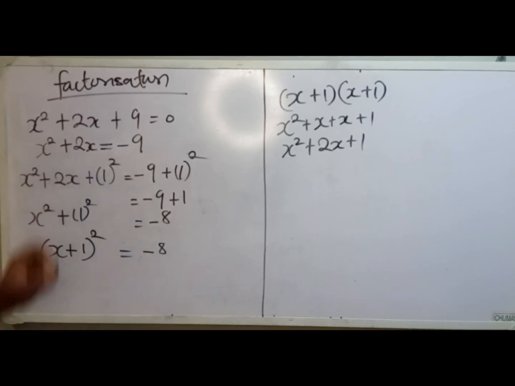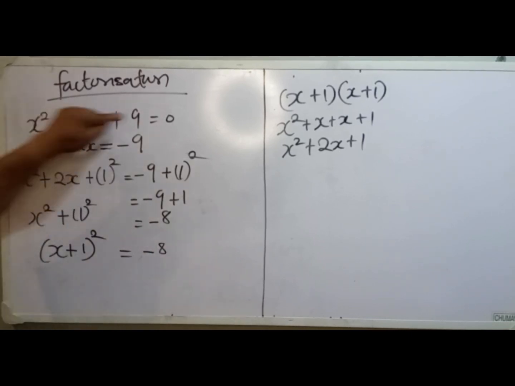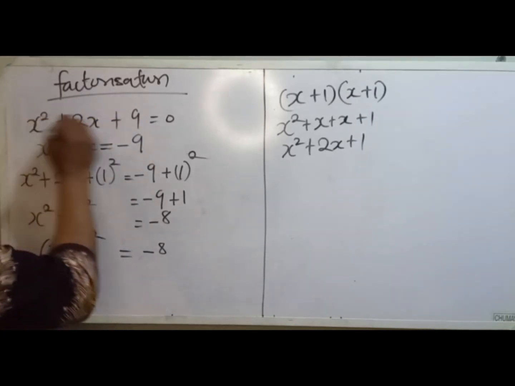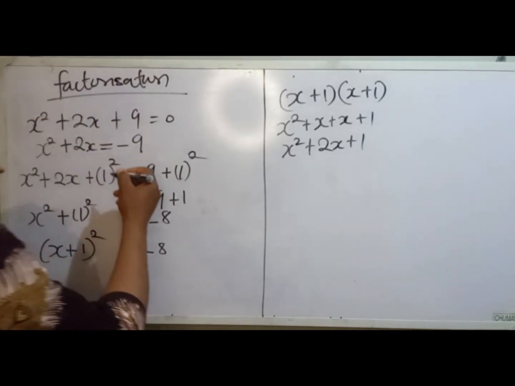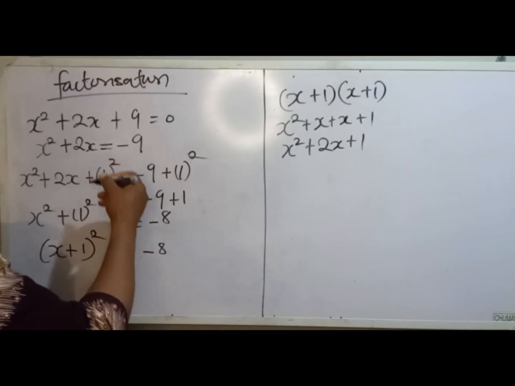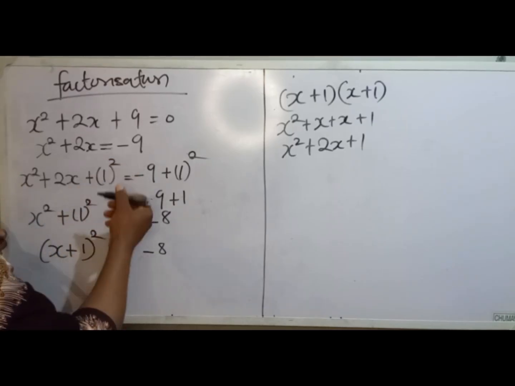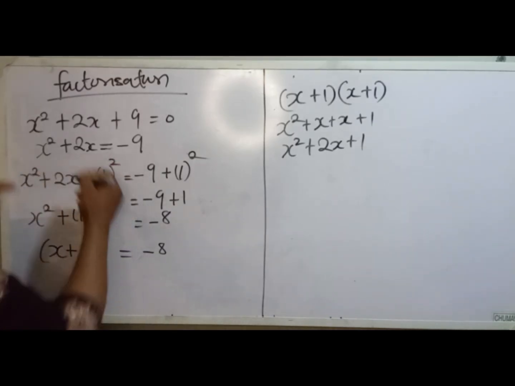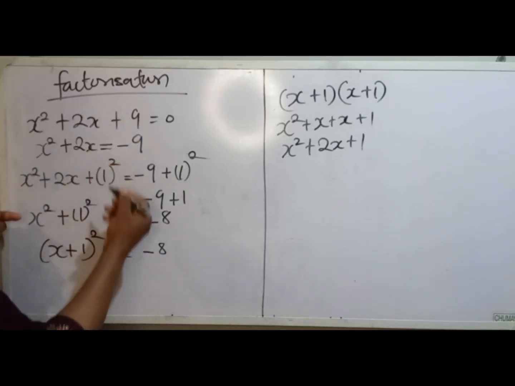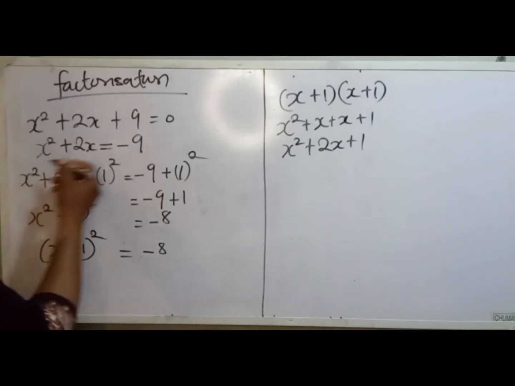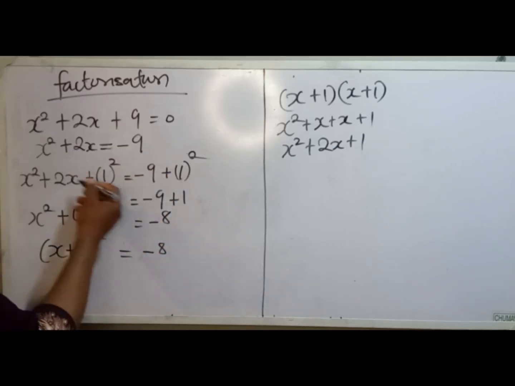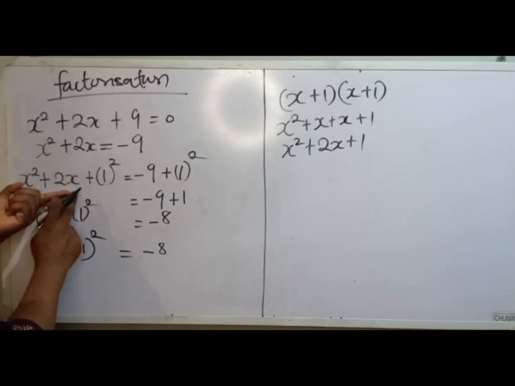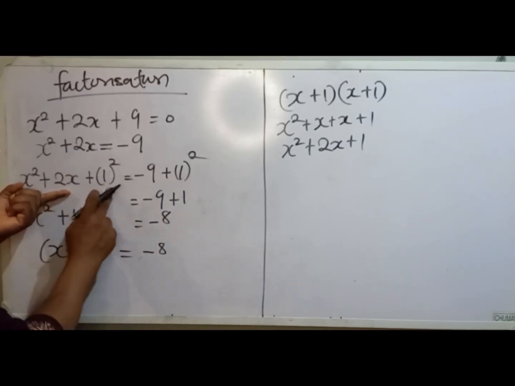And the essence of that is that, remember, at the initial point, we could not factorize this. Now, we decided to create an equation in an equation. We created a new equation inside this equation to enable us factorize what we have here. That's the essence of adding half the square of the coefficient of x to both sides.